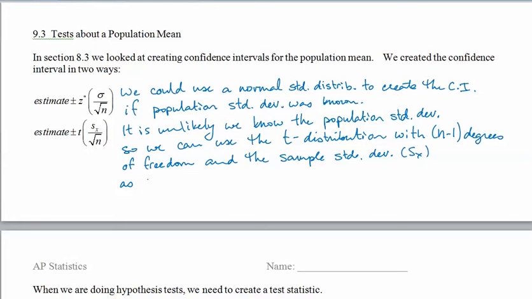And remember that as n approaches 30, t starts to look more and more normal.